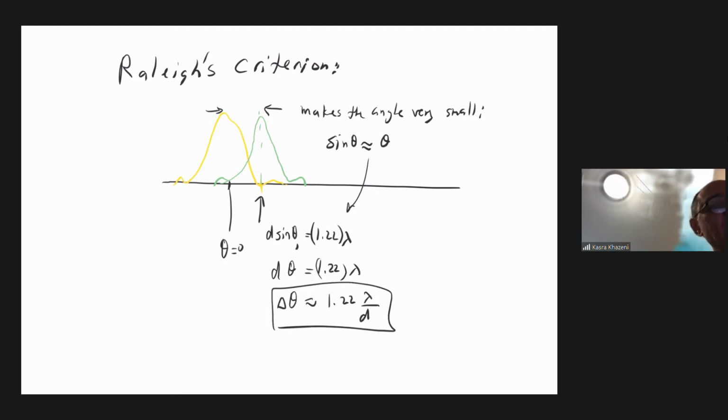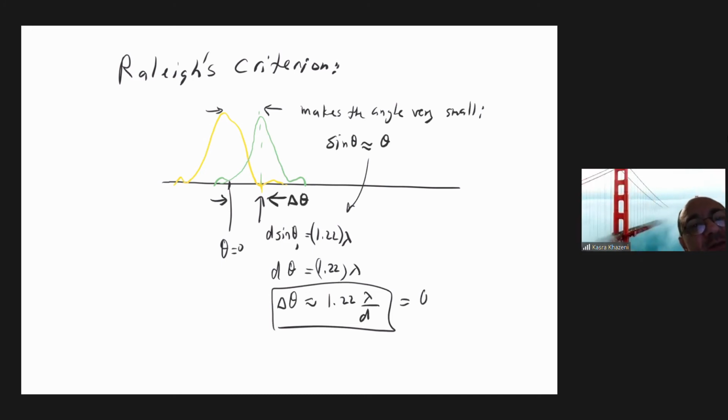This is the separation delta theta, because it's measured from 0, right? Delta means the final minus initial, but final is that, and initial is 0. So this is the theta. So the angular separation between the two point sources, when they form a diffraction pattern on the observation screen, needs to be at least this much.